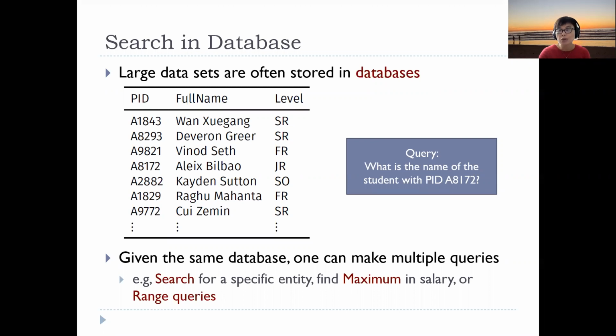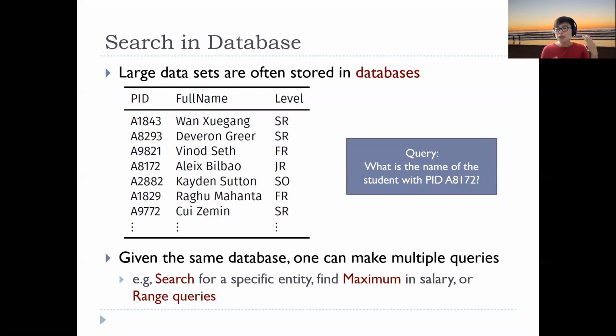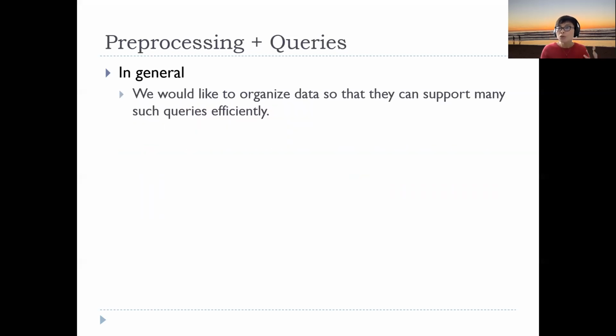We constantly perform database searches without necessarily even realizing it. Given that these kinds of complex queries are going to be asked many times, and any user can come and issue a query to the database, it makes sense to organize the data in a way that supports these queries more efficiently.